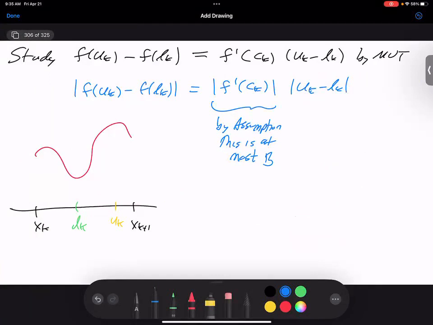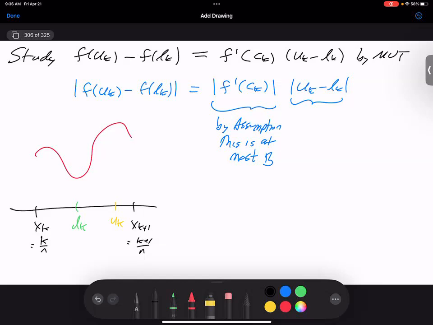What about u_k minus l_k? What's the greatest distance u_k and l_k can be from each other? Yes, but b minus a is too large. Remember, u_k and l_k live in the same interval. They live somewhere between x_k and x_{k+1}, between k over n and k plus 1 over n. How far apart are x_k and x_{k+1}? 1 over n.